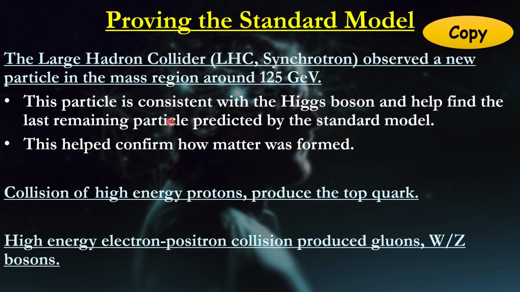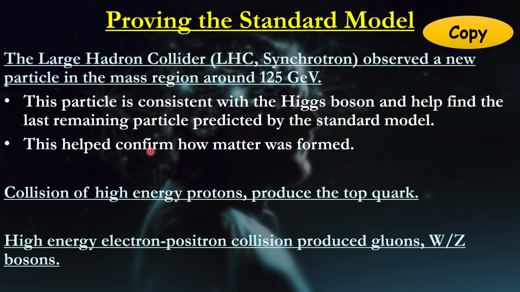In terms of its main role, let's look at an achievement it has provided. It demonstrated one component of the Standard Model, and that was in 2013, when the Large Hadron Collider observed a particle with a mass region of 125 gigaelectron volts. This value was consistent with the predictions made of the Higgs boson when the Standard Model was first formulated.